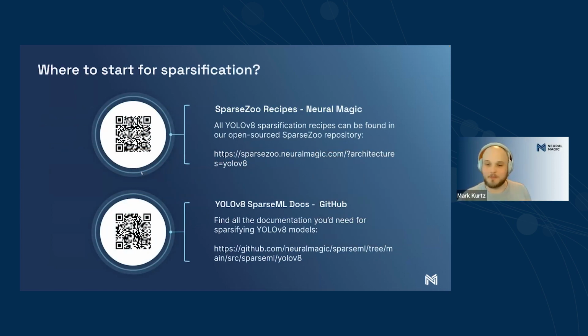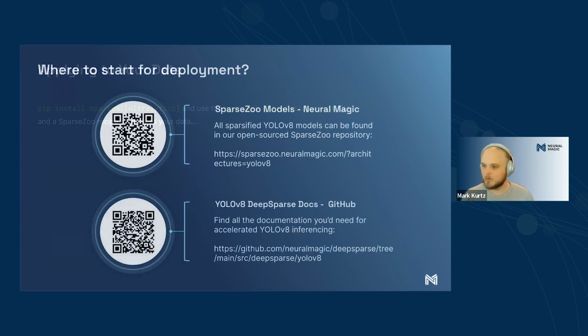So you can see the YOLOv8 docs for how to sparsify models and sparse transfer. And then Shubra, if you pull up the DeepSparse one. Perfect. And then this one is for the DeepSparse docs, where you can look at the inference engine and get into deployment for all the models that we have on SparseZoo. So again, we'll be sharing out all these links afterwards. So keep an eye out in your email as well as on social through LinkedIn and Twitter.